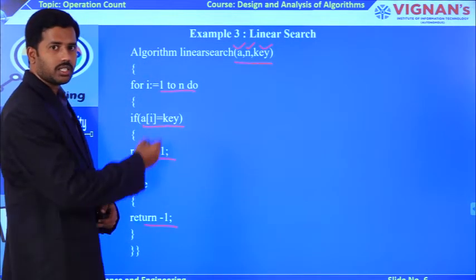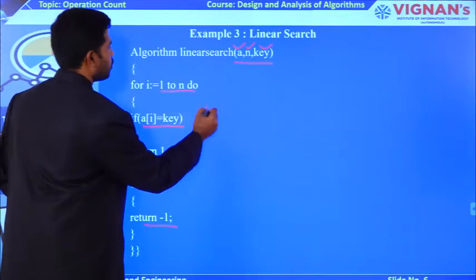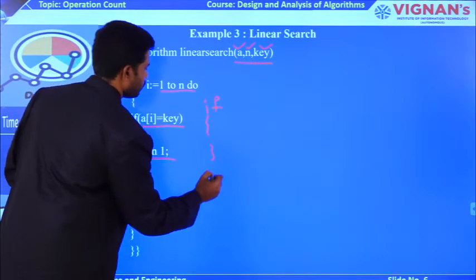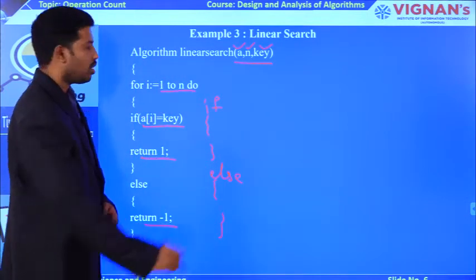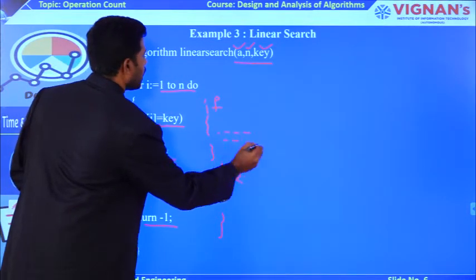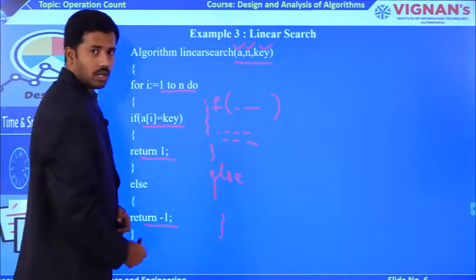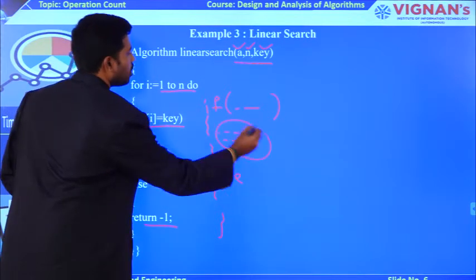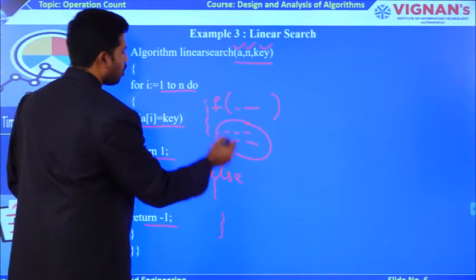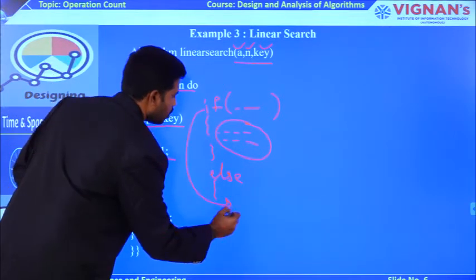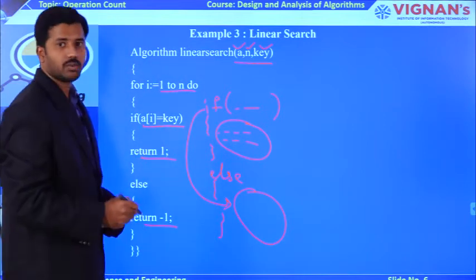Okay. So what is the logic that is available in the algorithm? If else. If the condition is true, the control will execute the if block statements. What happens if the condition fails? The control will enter the else block to execute the else block statements.